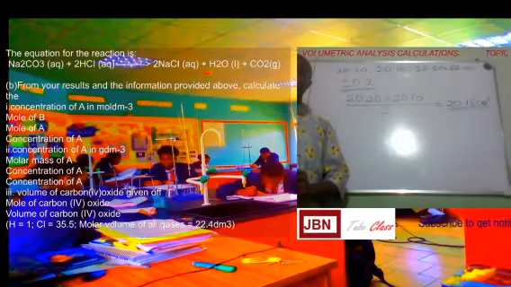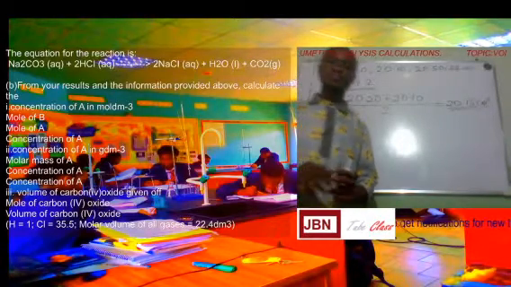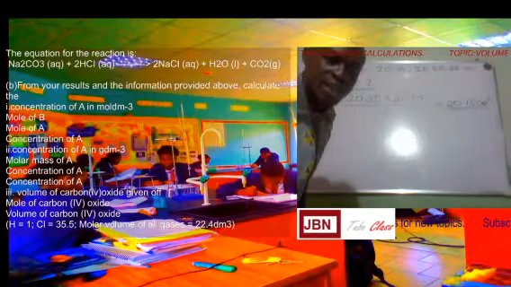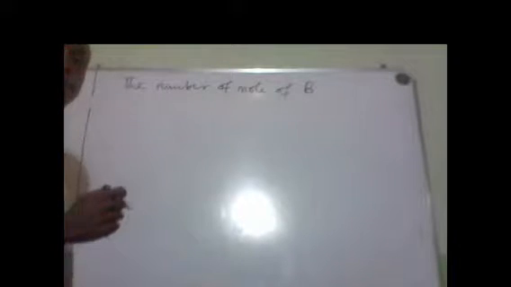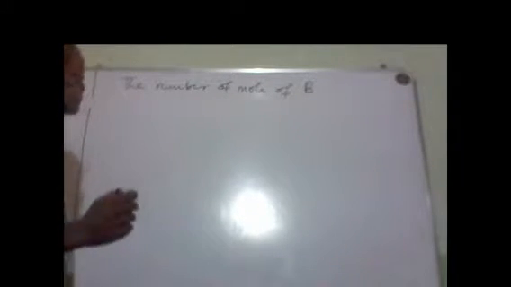First thing to do is to calculate the mole of B. So we are going to calculate the number of mole of B. We can calculate the number of mole of B by multiplying the concentration and the volume.